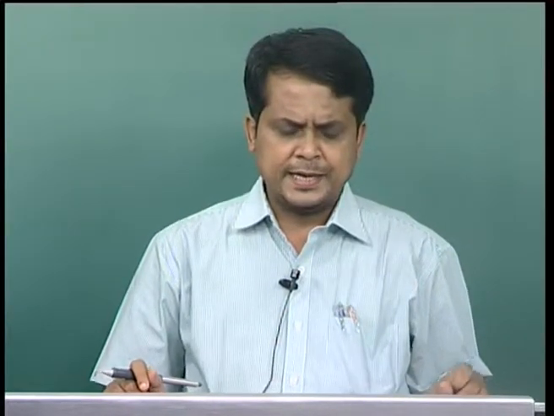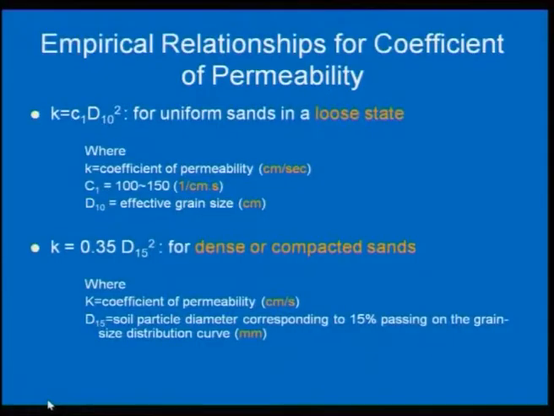So, coefficient of permeability K is equal to C1 into d10 whole square for uniform sand in loose state. Remember, it is in loose state, and we are discussing sand right now. K is equal to 0.35 d15 whole square for dense or compacted sand.